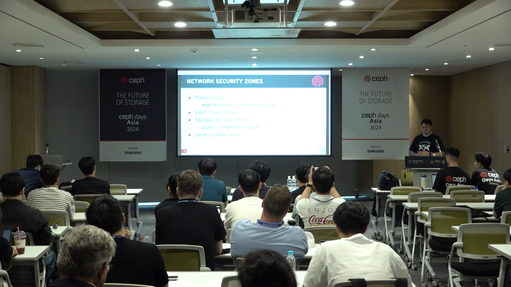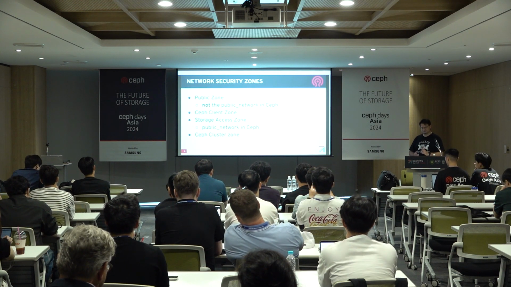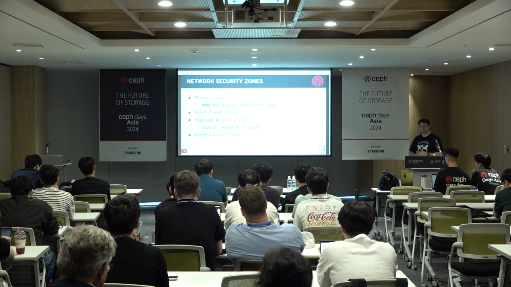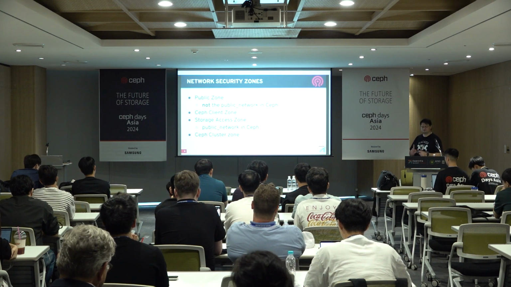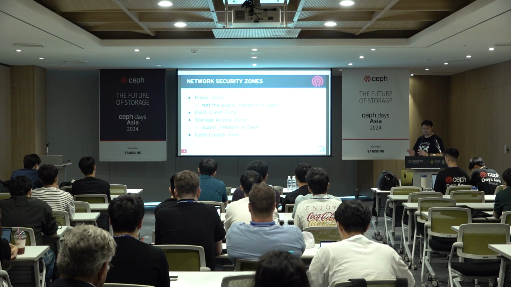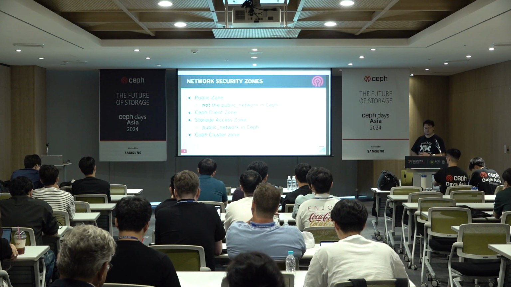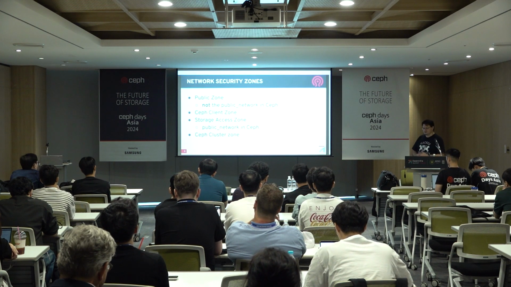Data transmissions crossing this zone should make use of encryption. Note that the public zone, as I just defined it, does not include the storage cluster front end, which in Ceph is called public_network. These are two different things. This public network defines the storage front end and properly belongs in what is called the storage access zone.